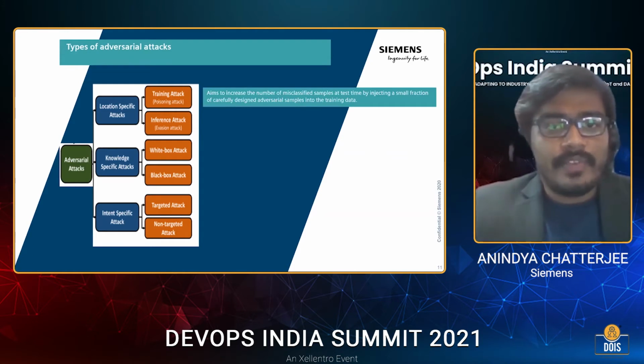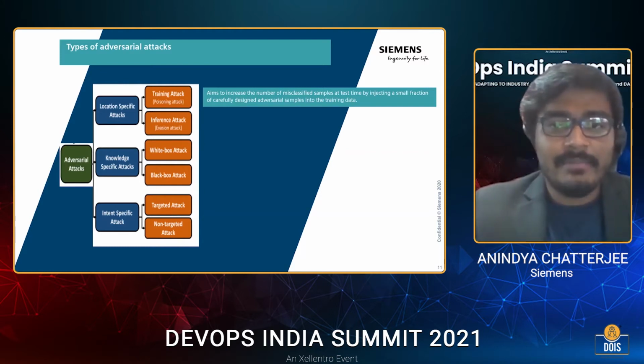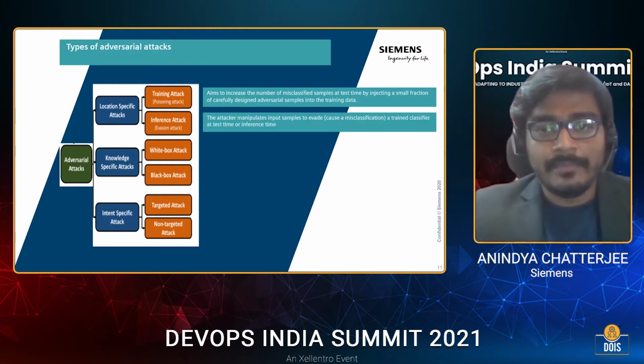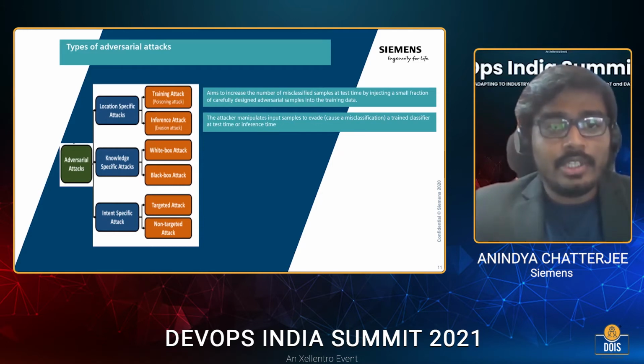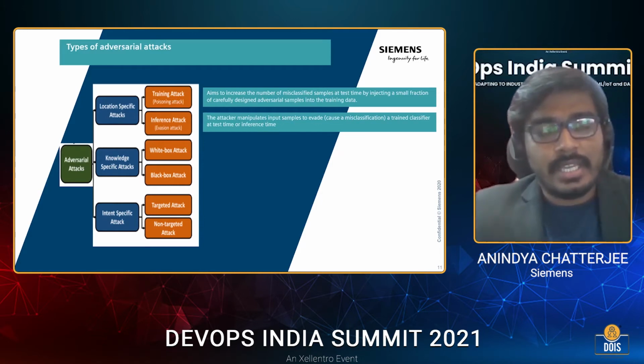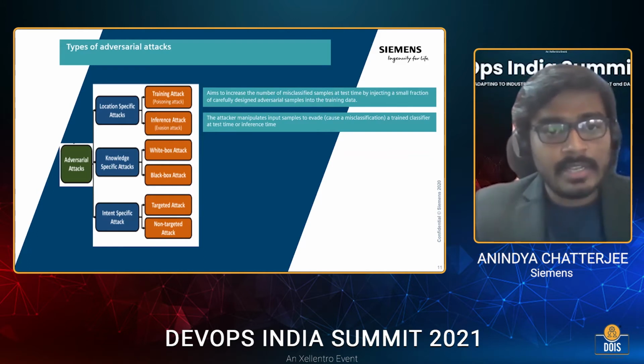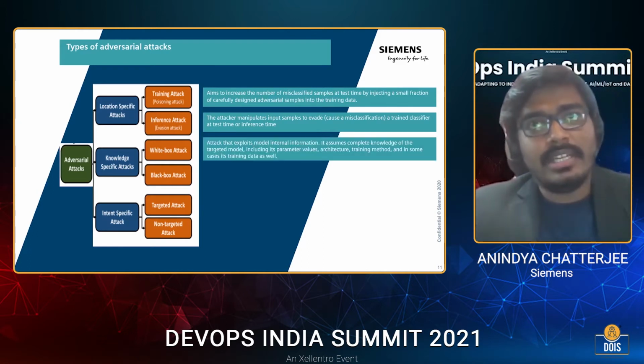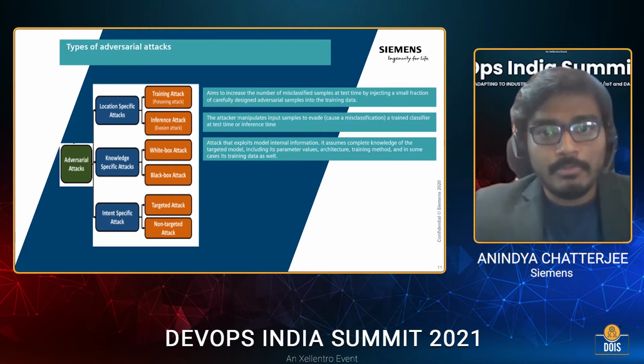Very simply, let me explain what each is. A training attack is where we increase the number of misclassified samples at test time by injecting a small fraction of carefully designed adversarial samples into the training data. The same done at inference time would be called an inference attack. The white box and black box attacks are actually quite interesting. As we know, deep learning models are a black box.